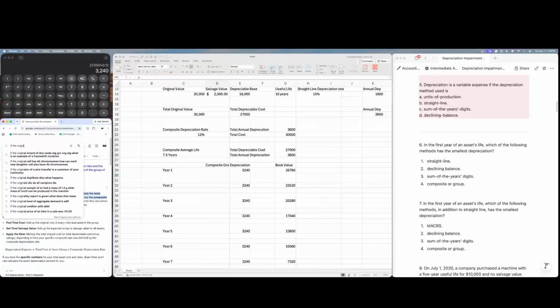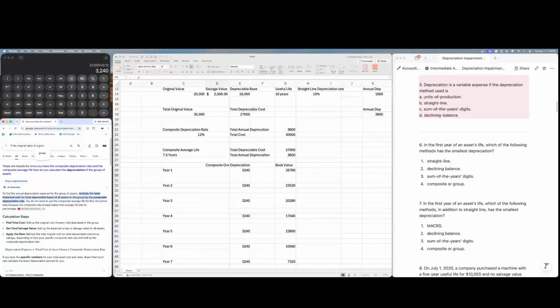It's the original value of the composite depreciation rate of 12%.